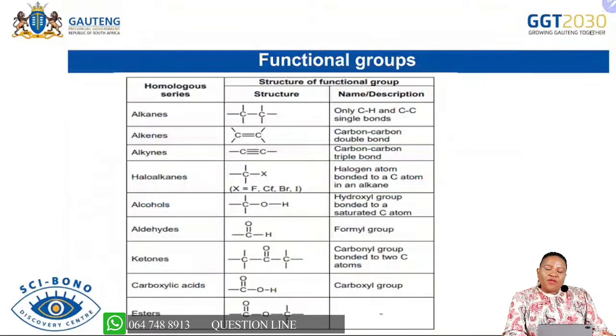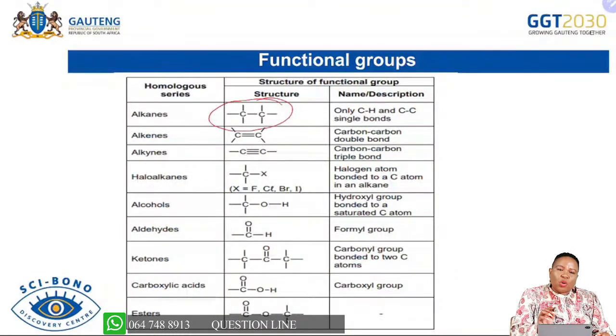Now, the functional group table is there in your exam guideline. I just felt that we need to also remind you that the functional group is very important. You need to go back and check your functional groups. When you look at the structure of the functional group, you can see that normally the hydrogens are not included when you draw it.